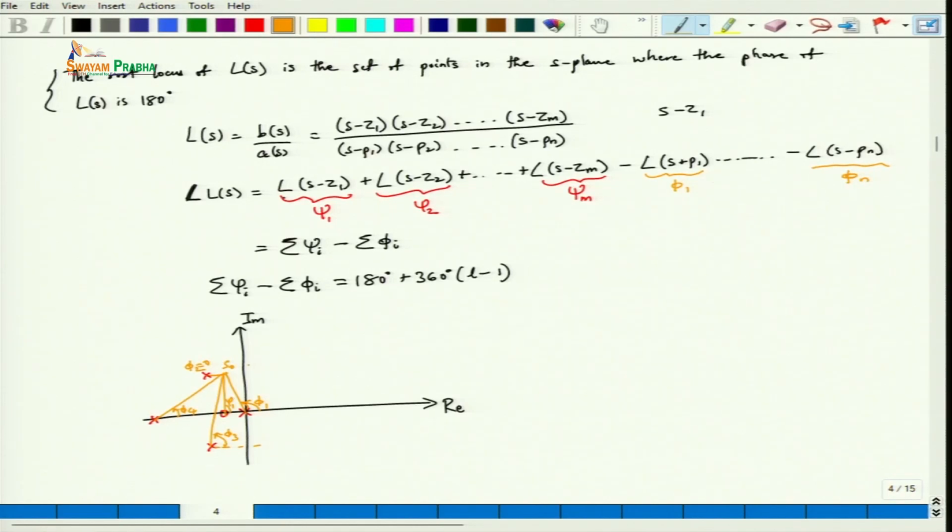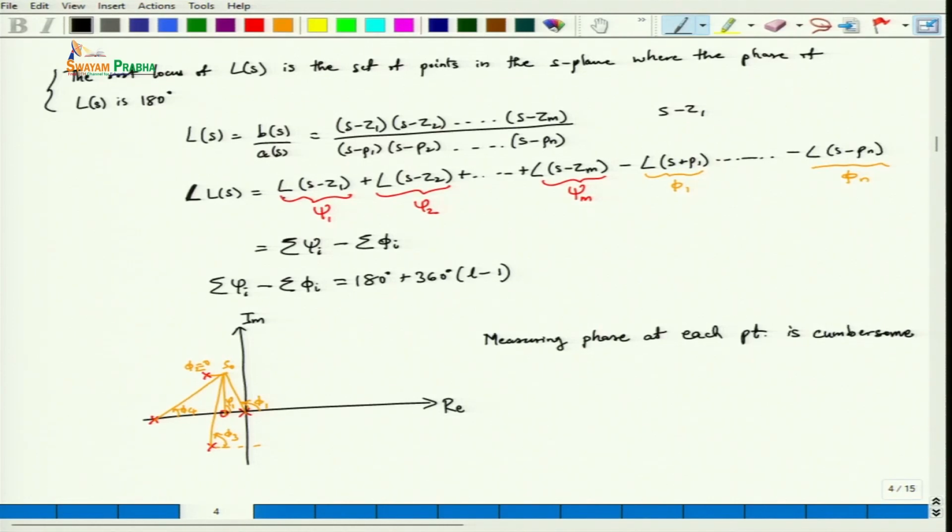So we vary this S0 to cover this entire plane, but measuring the phase at each point is cumbersome.